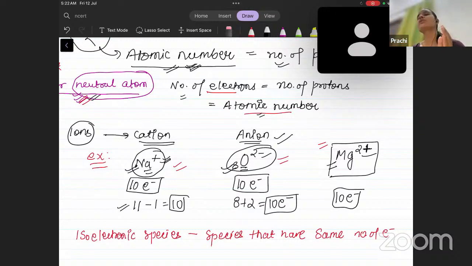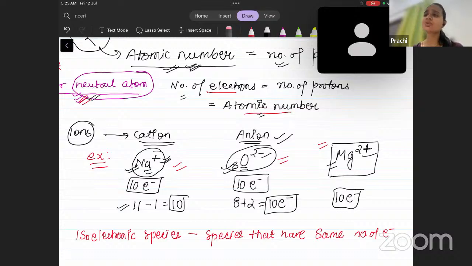You may not get a question related to it directly, but a question can be asked when you learn about the periodic table. They can give you these ions and ask you about the order of ionic radius. So there you should be very quick with calculating the number of electrons for that particular ion.